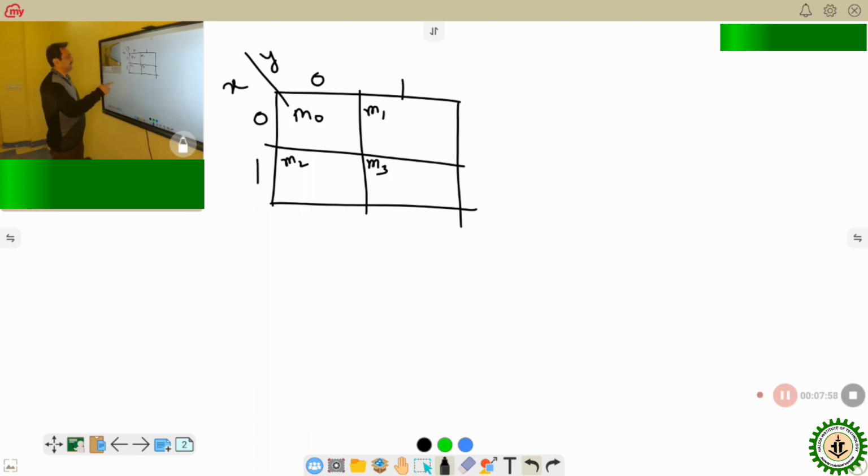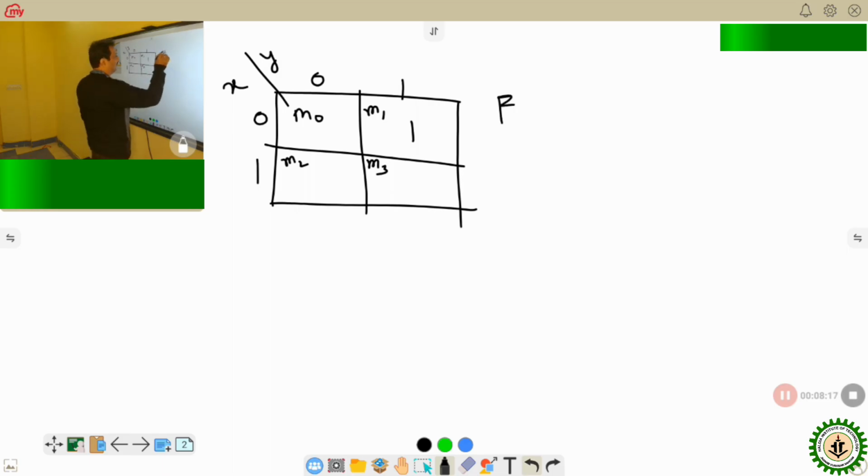Only the M1 value is 1 and the rest are 0, so we put only the value 1. In this particular case, only one position is M1, so the output is F.